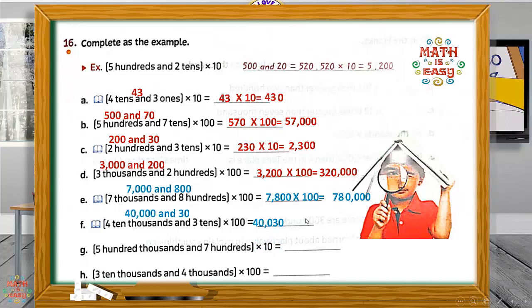Multiplied by 100. Here I have how many zeros? 1, 2, 3. Put 3 zeros out. And 1 times 4, 0, 0, 3. Right, 4,003.